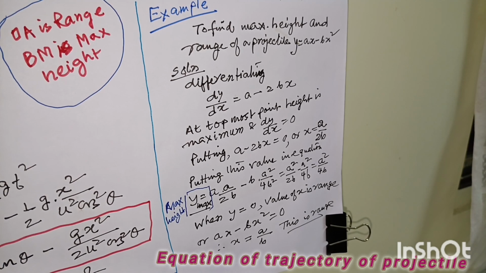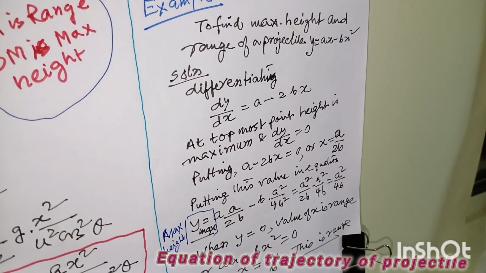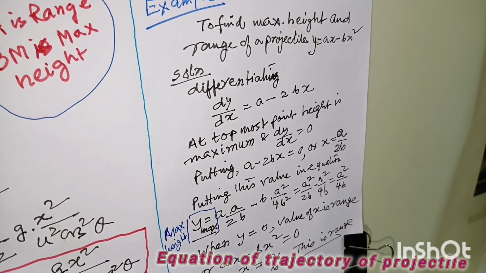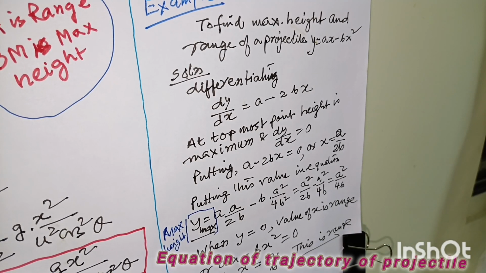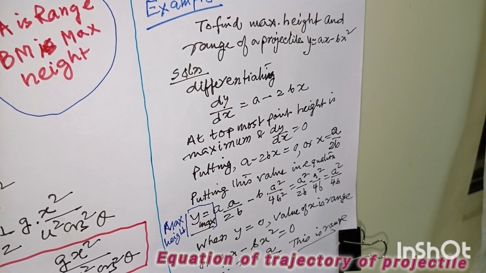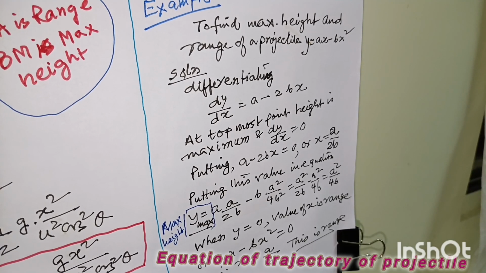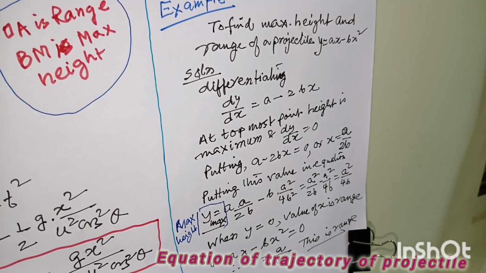Since y is ax minus bx square, we put a into a by 2b minus b into a by 2b whole square, which is a square by 4b square. So that gives us a square by 4b. Maximum height is a square by 4b.